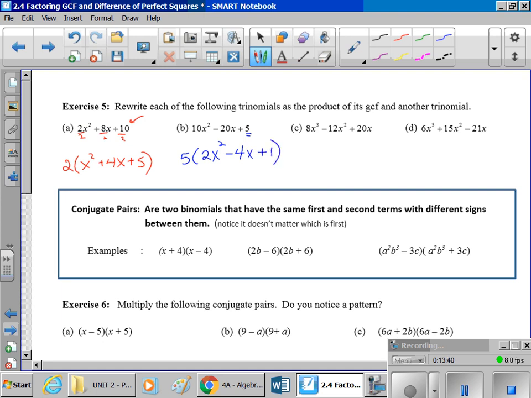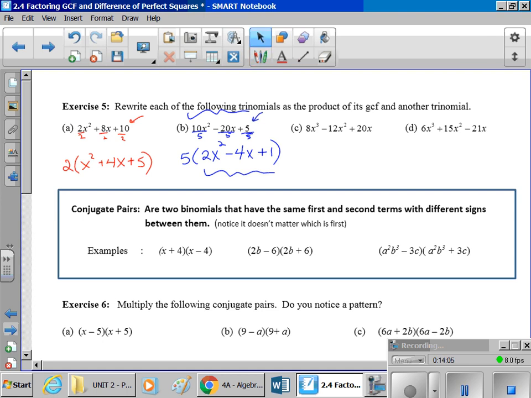Now beware. Notice how I have 3 terms in here, and I have 3 terms in here. That's what I need. So don't say that the 1 just cancels. Remember, when you're dividing everything by 5, a lot of people will forget about that last term, and they say 2x squared minus 4x, and they forget about the plus 1. But 5 divided by 5 is 1.